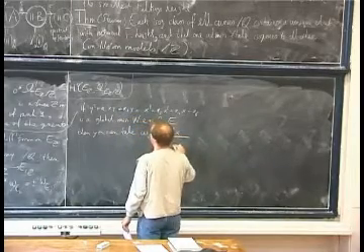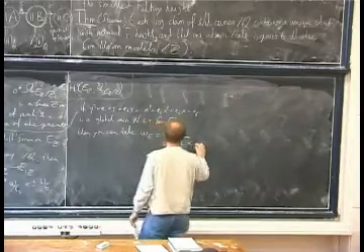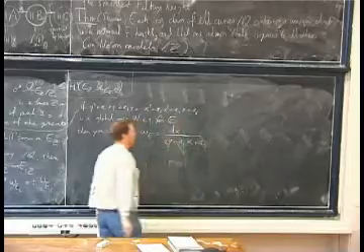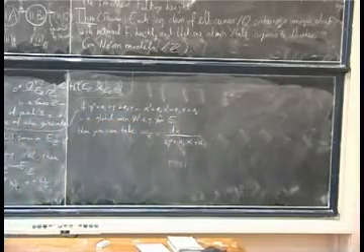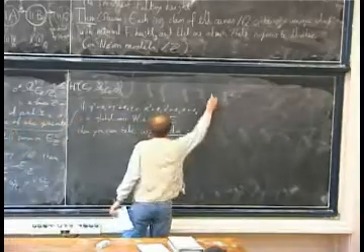So that would be 2y plus a1x plus a3. You can just do this, just to make things explicit.